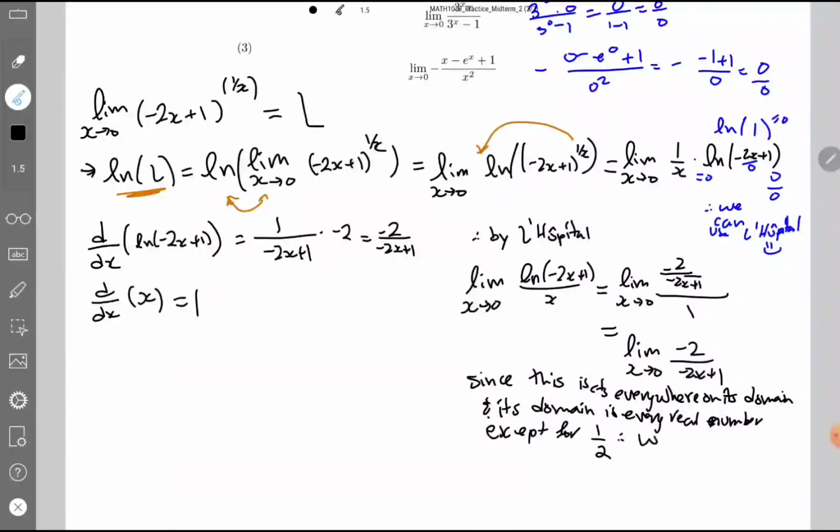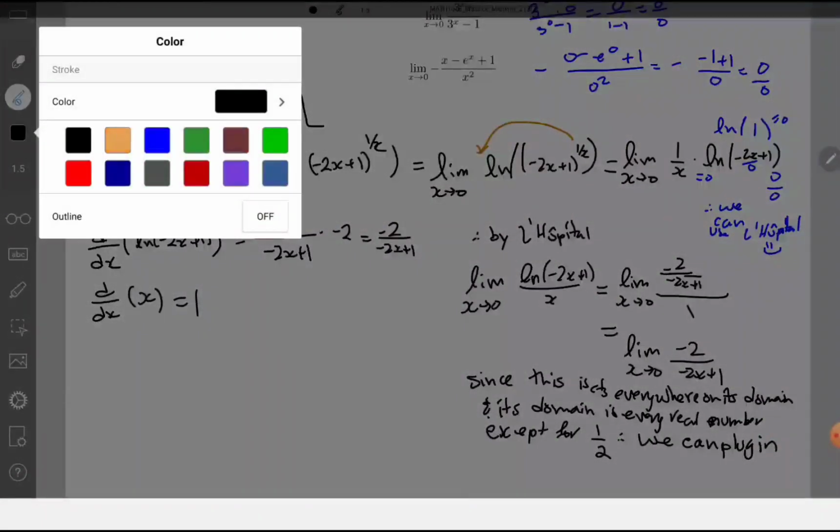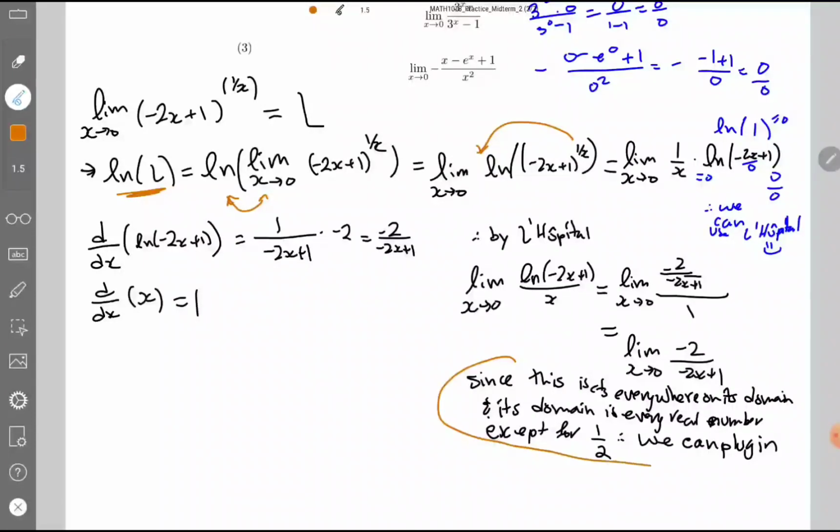Therefore, we can take the limit. We can plug in. So if you want to plug in, you're going to want to use our week 1 and week 3 stuff.